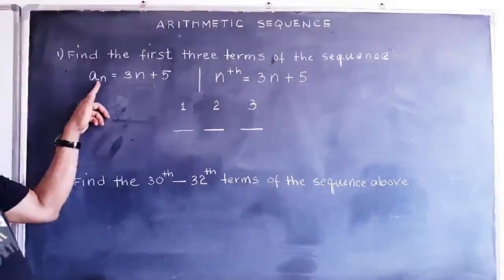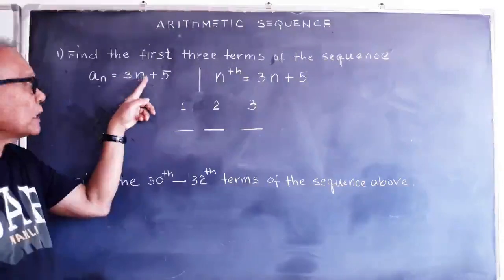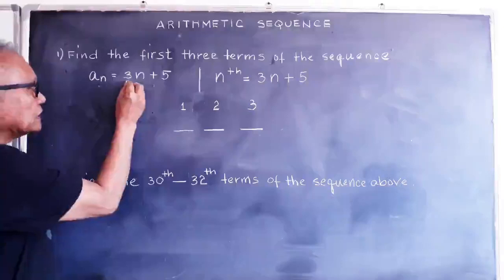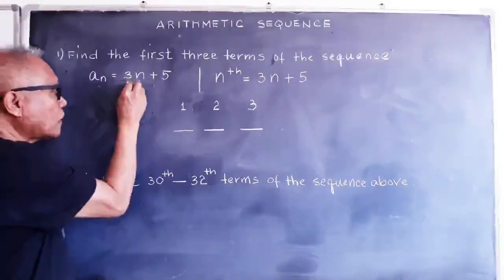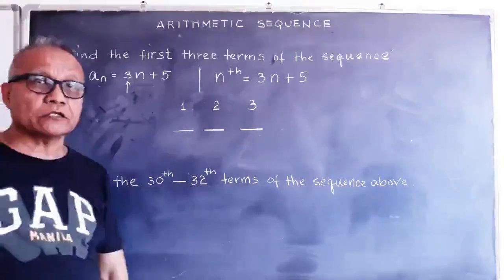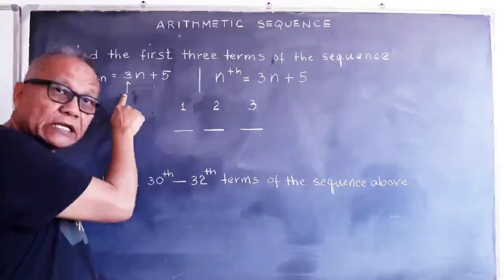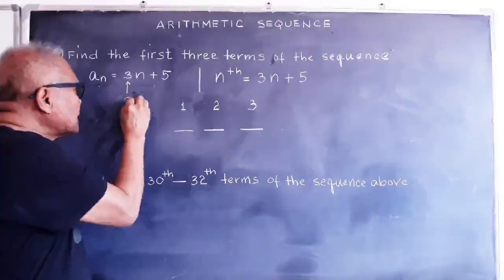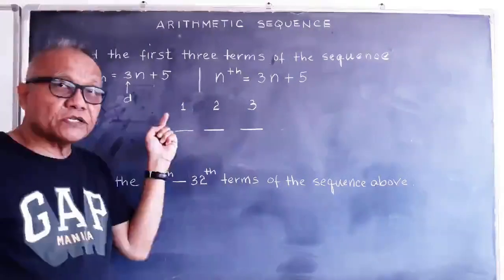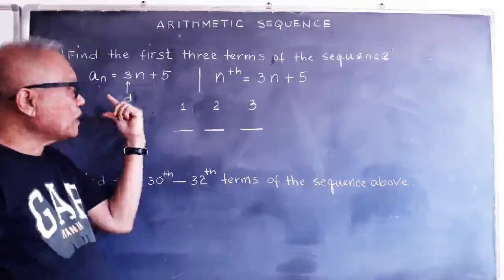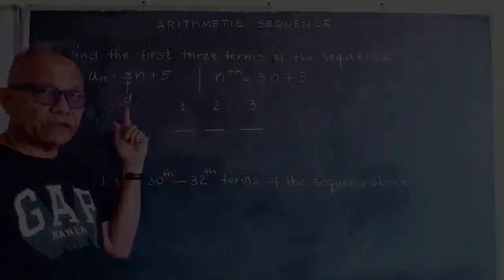So we have here a sub n equals 3 times n plus 5. In this formula, take note of the numerical coefficient of n. Usually, this numerical coefficient is the difference of our sequence. Now, when we have the example already, I'm going to show you what that d or difference is.